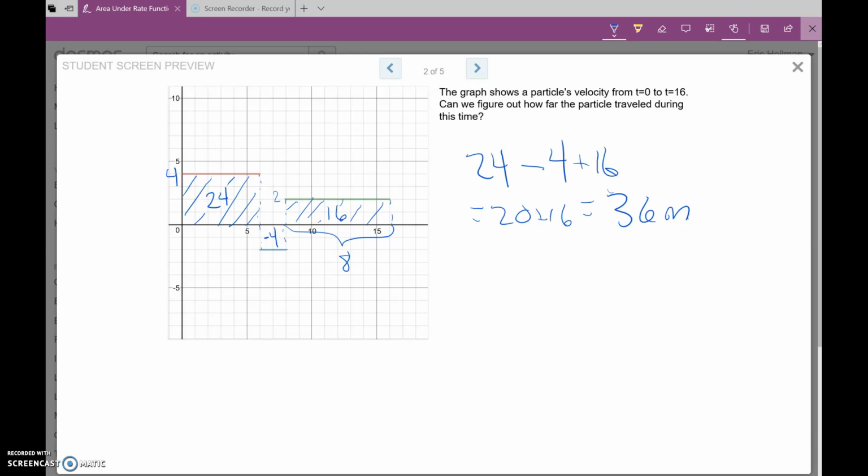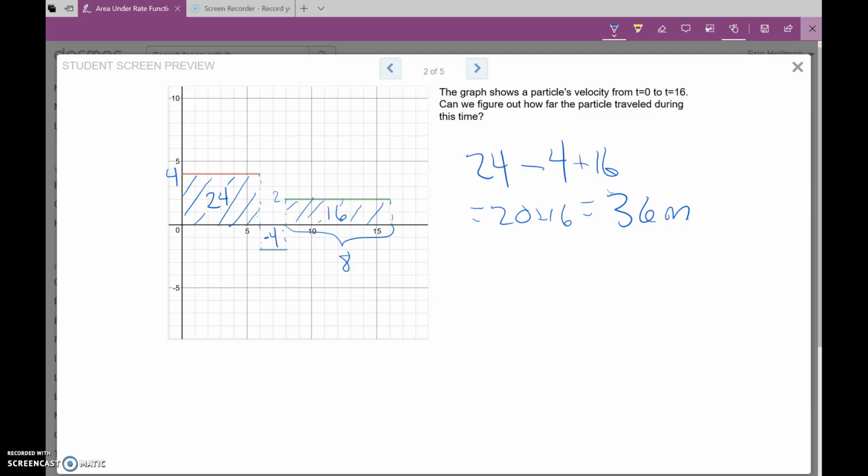The only thing we have found here is how far the particle moved from its initial position in between t equals 0 and t equals 16. So we know that during this time period, the particle moved to the right by 36 meters. In order to know where the particle is at this time, we would need to know where the particle was at t equals 0.